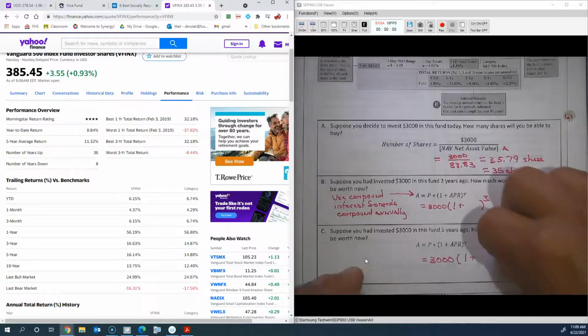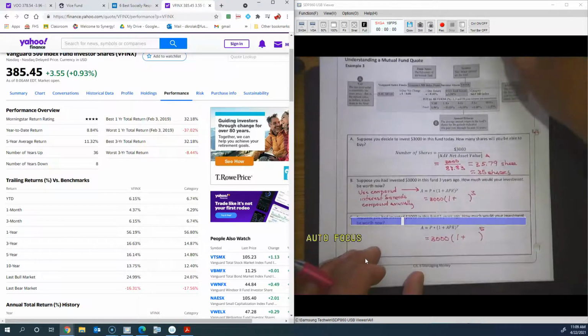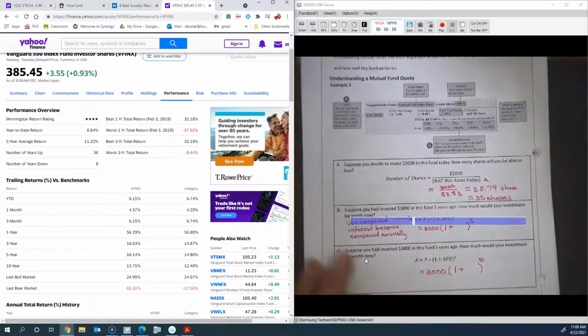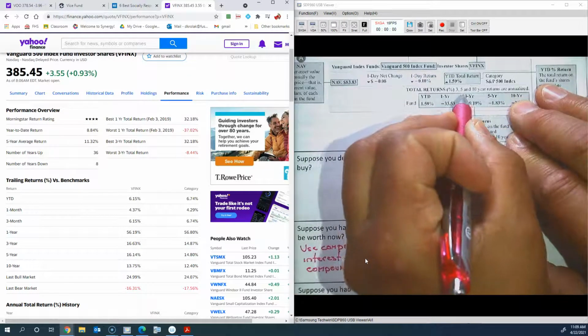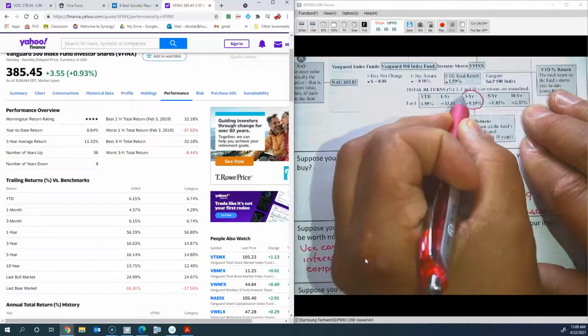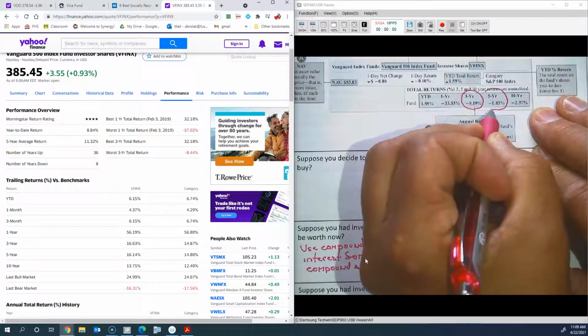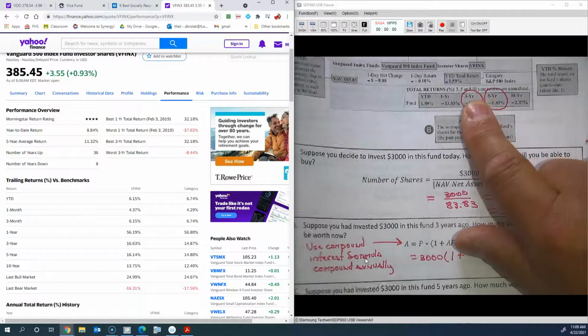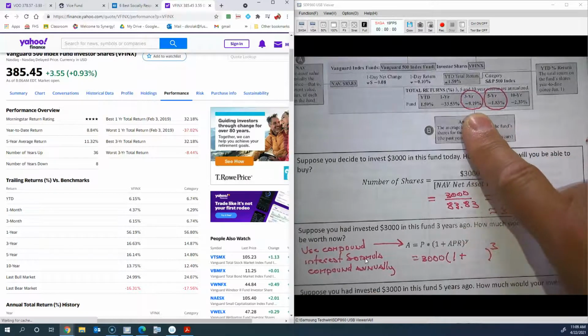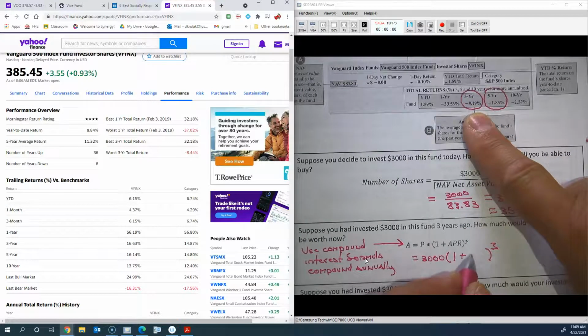Okay, now in the example that I showed you here, in the stock quote, here's the 3-year percentage, and here's the 5-year. So this was not a good time because your money is shrinking.